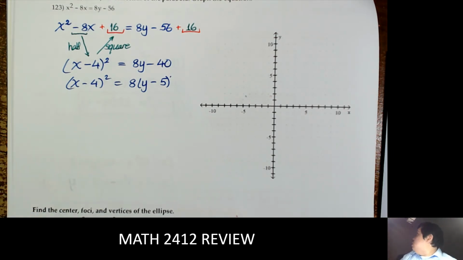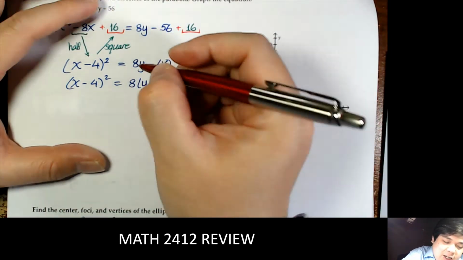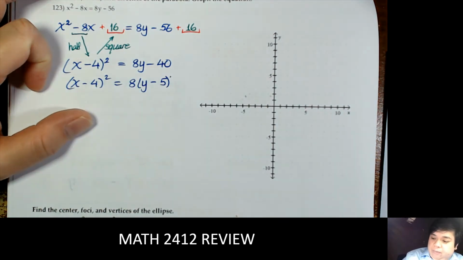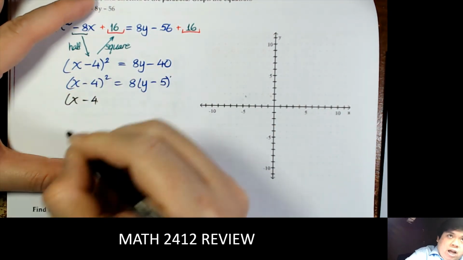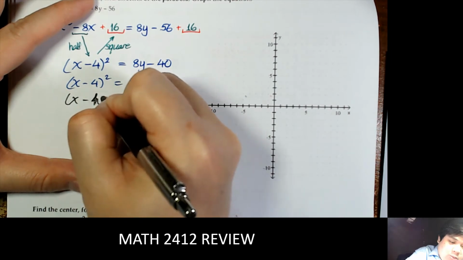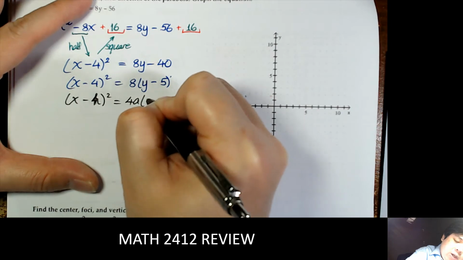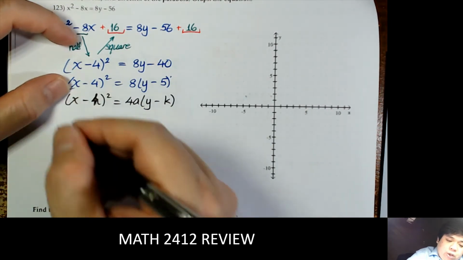In particular, this one opens up because we have positive here. Then compared with the standard form for the parabola that opens up, (x minus h) squared equal to 4a(y minus k), we compare these two equations.